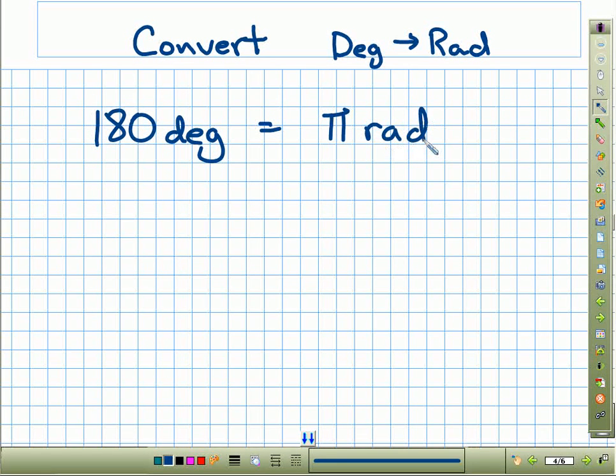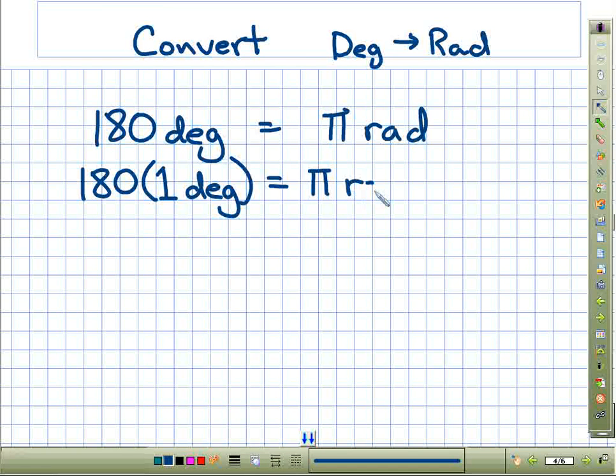Now I'm going to write this a little bit differently. I know that this relationship exists. Well, watch this. I could write this as 180 times 1 degree equals pi radians.